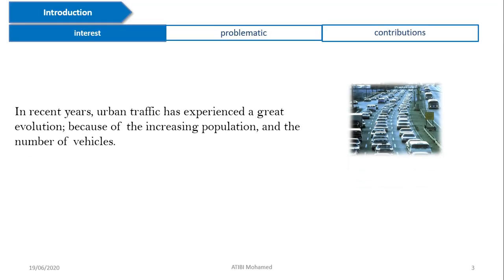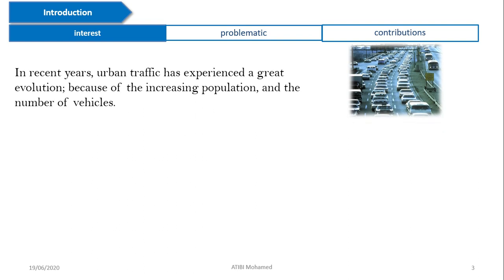In recent years, urban traffic has experienced a great evolution because of the increasing population and the number of vehicles. This has caused serious road safety problems, namely the increase in the number of accidents and the disruption of urban traffic. In order to overcome this problem and mitigate their consequences, several techniques have been used in driver assistance system.